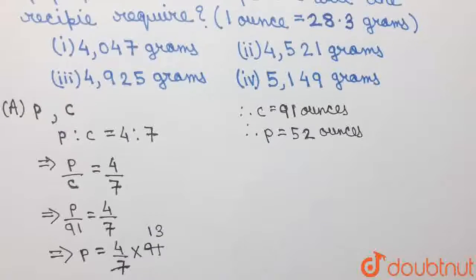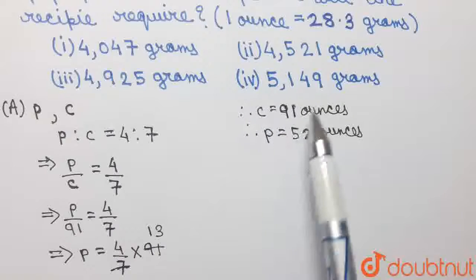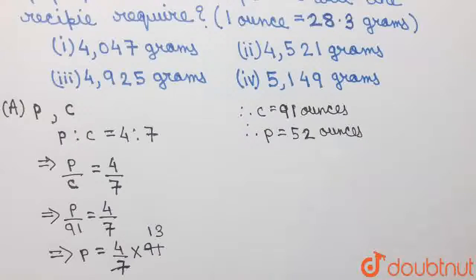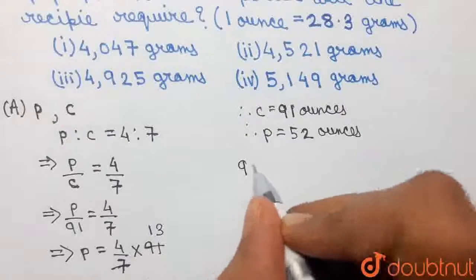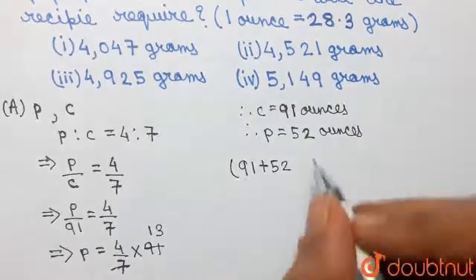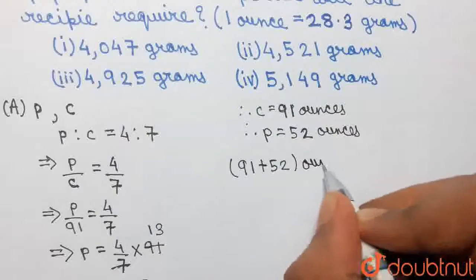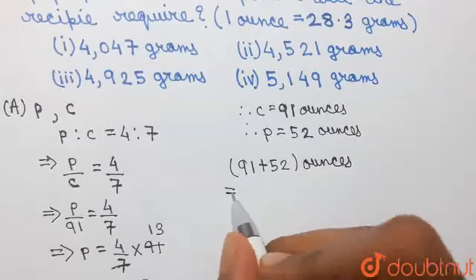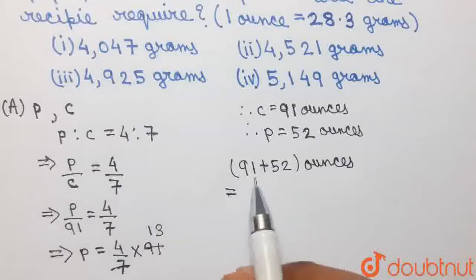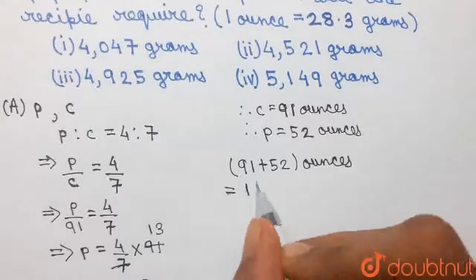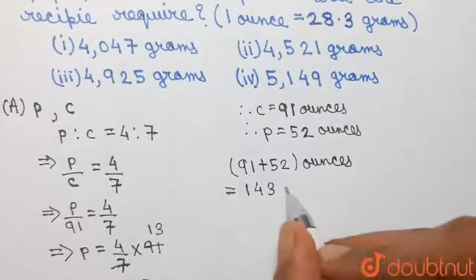So the total amount of chili powder and paprika combined that the recipe will be requiring will be given by the sum of 91 and 52 in ounces. So the required answer will be the sum of 91 and 52, but the unit will be ounces. So this will be equal to 143 ounces.